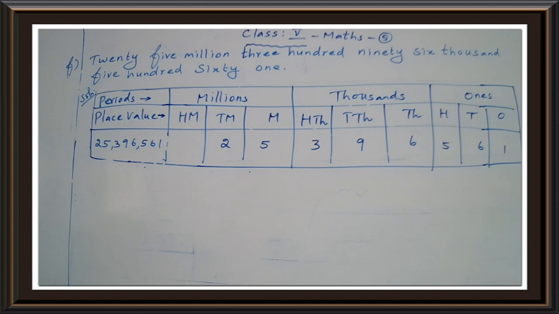So you write in millions period 25. Then 396,000. So in your thousands period, you write 396. In ones period, 561. So that's why your answer is 25,396,561. Okay, children, have you finished?